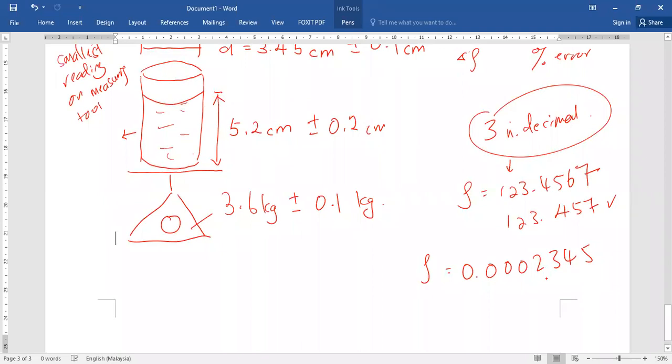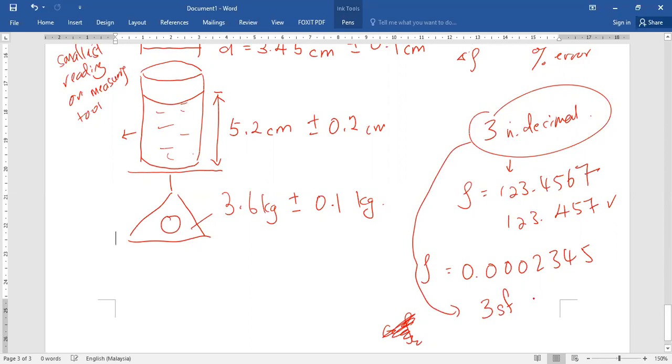It depends on what we get from the delta rho, because we need to compare with the delta rho. If not, here you can directly convert it to 3 significant figures. For 3 significant figures, the zeros are not counted.